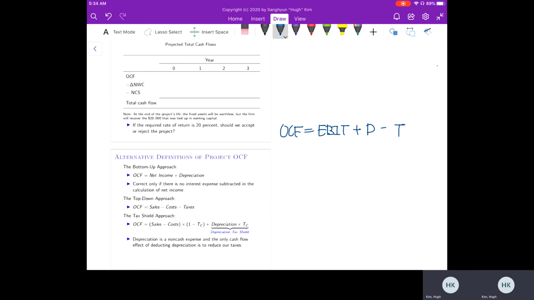First alternative is the bottom-up approach. The bottom-up approach, as the name implies, starts from the bottom line, which is the net income. And then you add back depreciation. Let's see if this definition actually works.